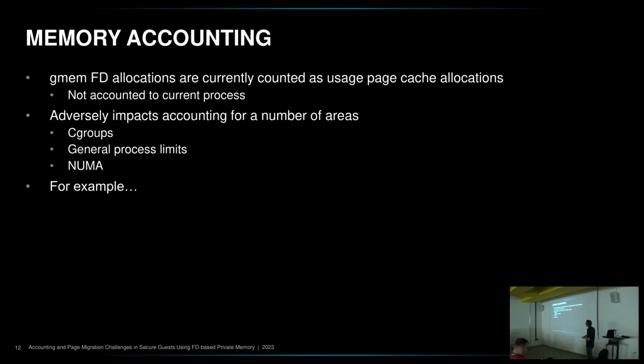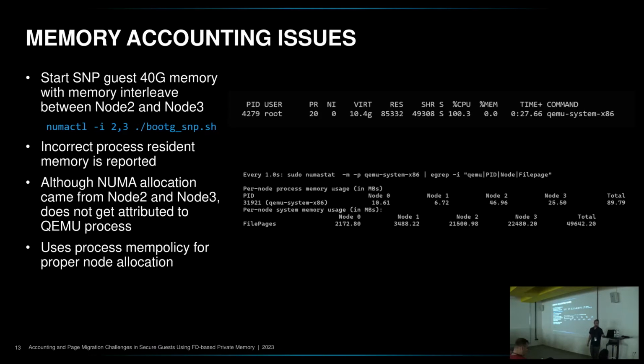Because it's just treated as page cache, those things aren't really taken into account the way you'd expect normally. So one example here is we have an SNP guest that has 40 gigabytes of memory that through numactl has been instructed to allocate evenly between NUMA nodes 2 and 3.